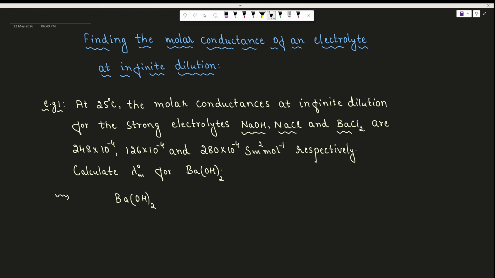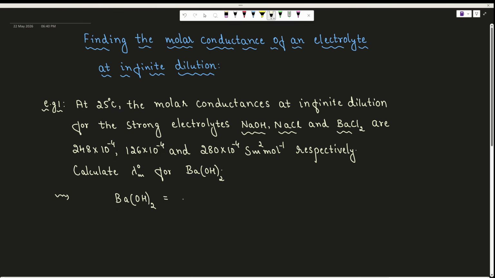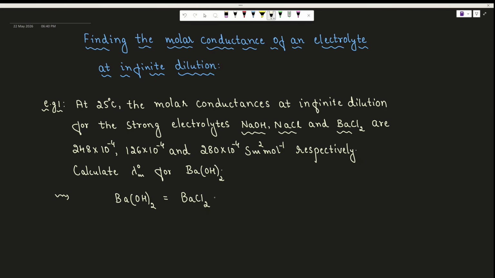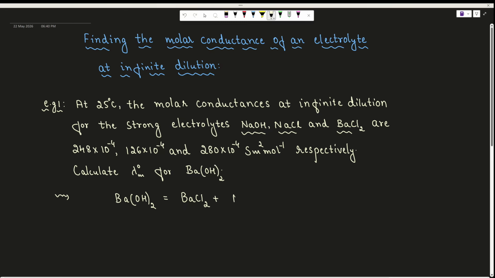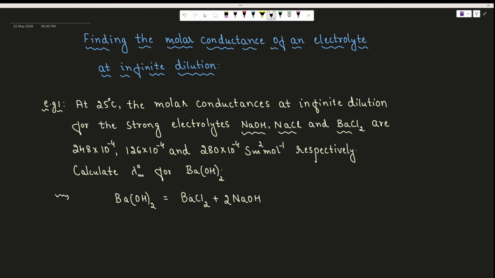See, we need barium ion. So barium ion comes from BaCl2. So I'll take BaCl2. Then I need two OH minus ions. So I need to add NaOH and I need two OH minus, right? So I'll take two NaOH. Okay. See, from these two now you will get Ba2 plus ion and two OH minus ions.